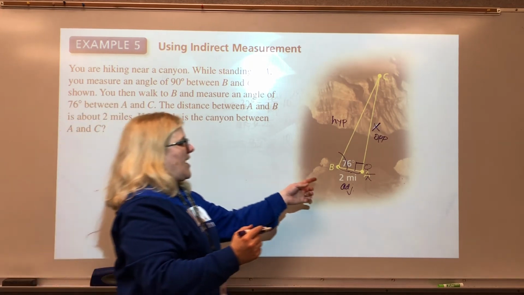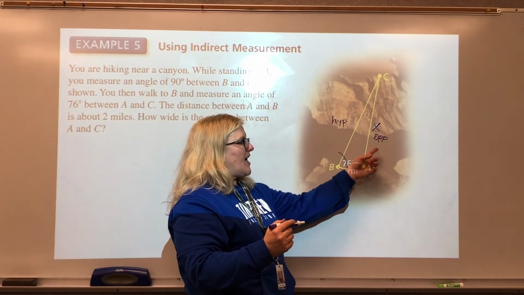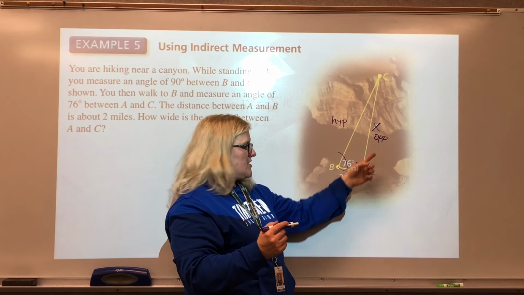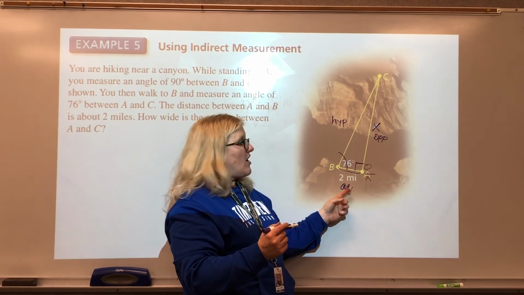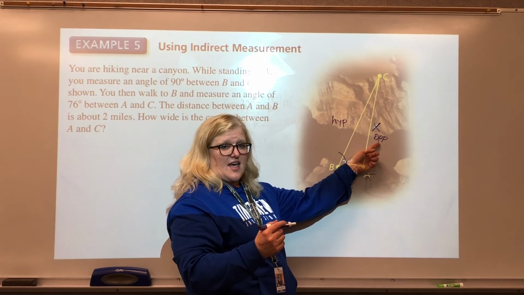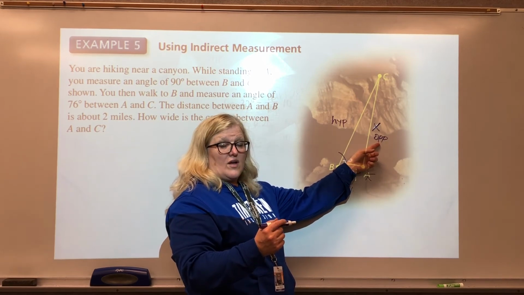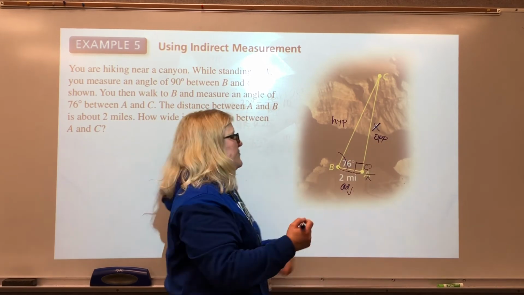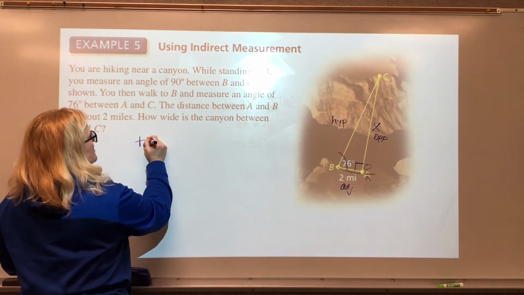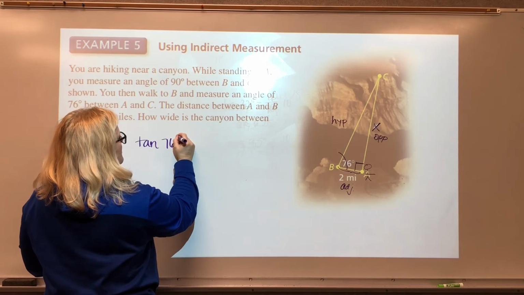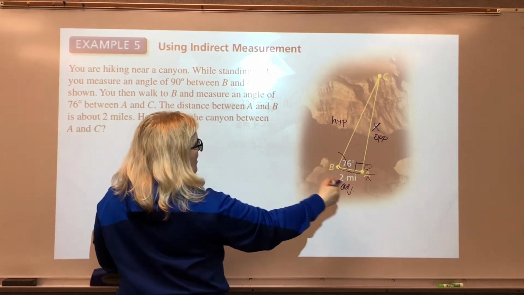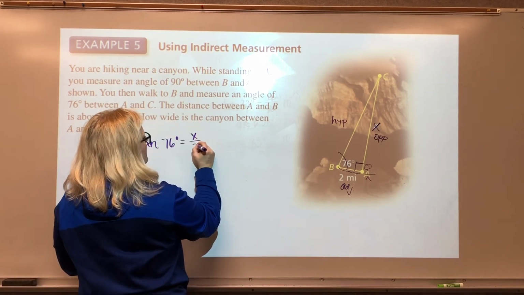I have my adjacent side. I want to know my opposite side. So just like before, what function involves the adjacent side and the opposite side? Well, it's the tangent. So I take the tangent of 76 degrees, and that equals opposite over adjacent, x over 2.